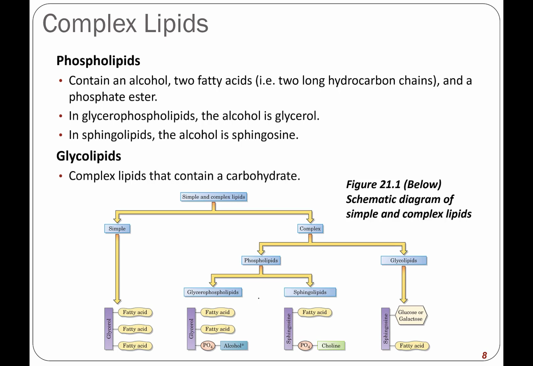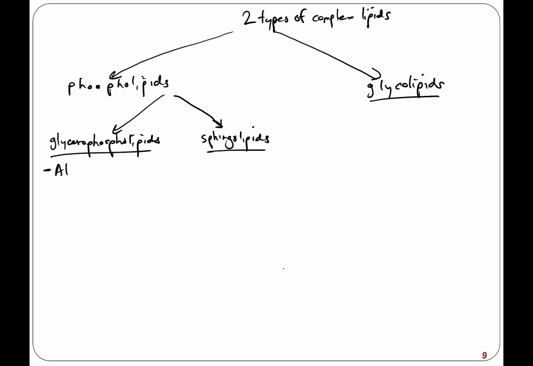If we go back here, you see the backbone is in purple in all of these. I can't remember what Bettelheim calls it, but alcohol backbone, and in this case that is glycerol. We'll put this together in a little bit.